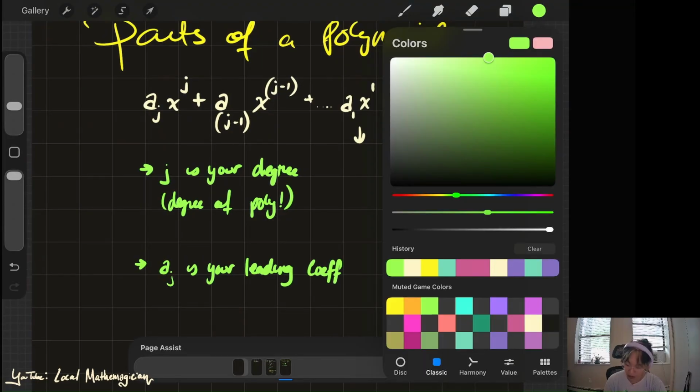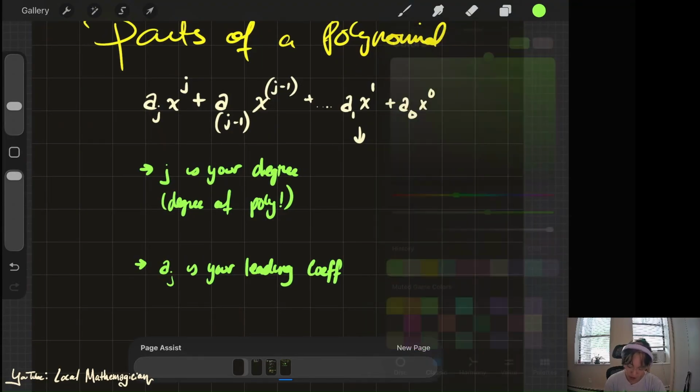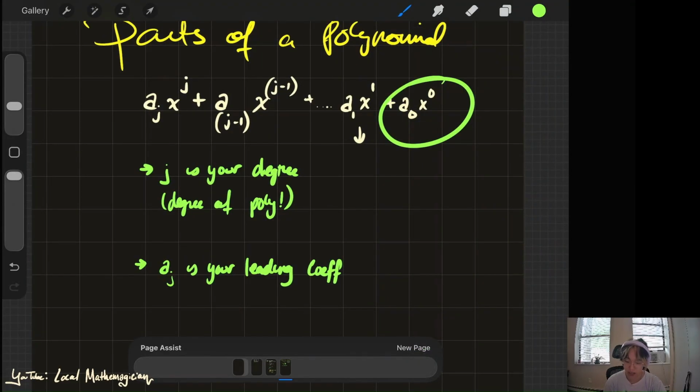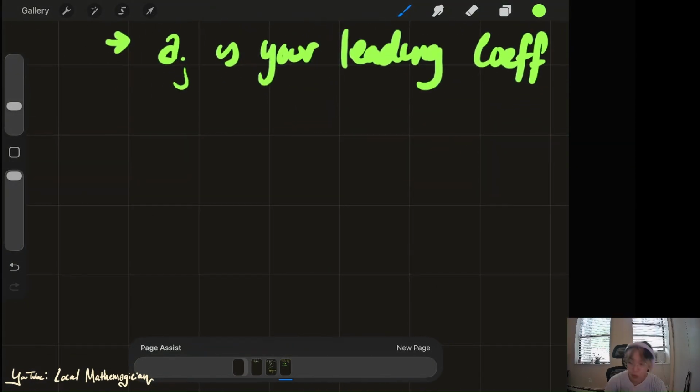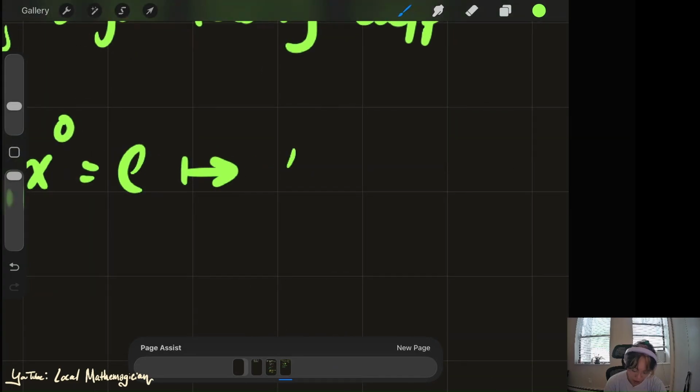And finally, you have a sub 0 x to the 0, which you can also call c, which I will also call c as well. A sub 0 x to the 0 is equal to c, which is your constant.